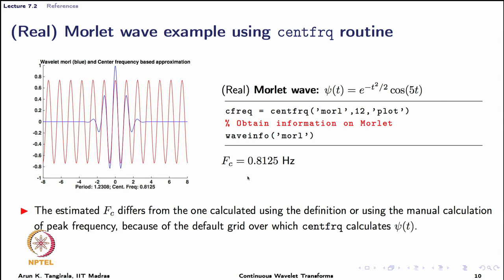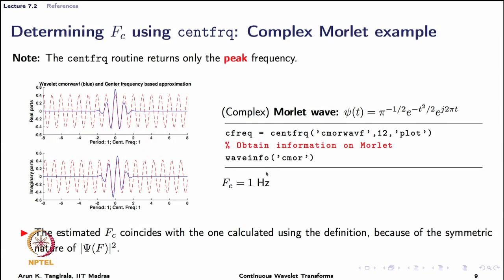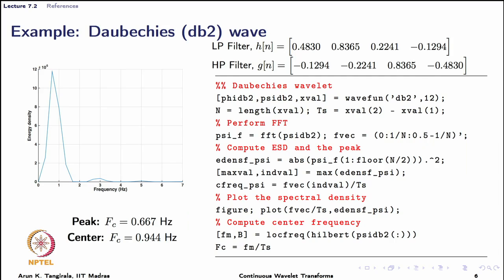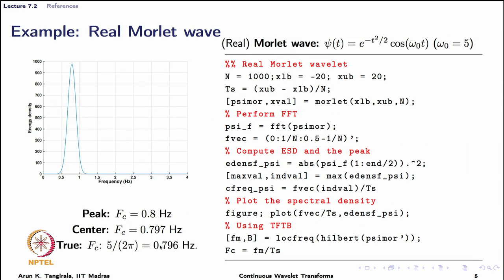What is of interest to us is the estimate of the center frequency that this returns. It is 0.8125 hertz, and this is different from what we had computed. If you recall, for the real Morlet wave, the true center frequency is 0.796, you can say more or less 0.8 hertz, which is correctly calculated by LOCFREQ.